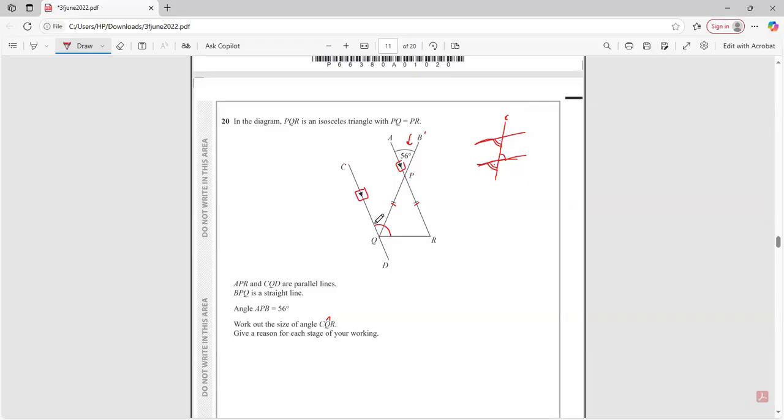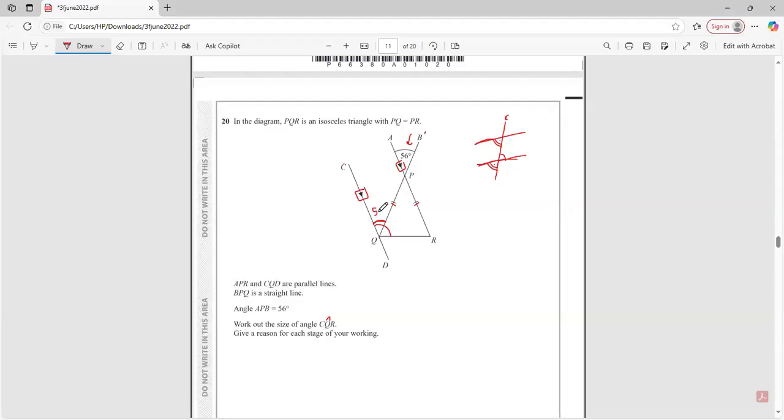So let's start. Now, my question is, let's start with this angle. What is this angle that I'm marking now? Let's find what this angle is in terms of either alternate angle or corresponding angle. And if you look at it very well, I don't know whether you can see that this angle here is also 56.